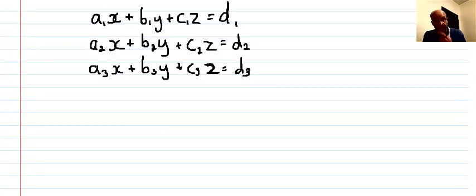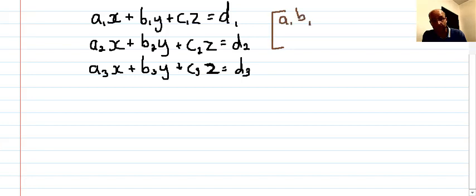Now we can write that in matrix form. So we can look at a matrix of coefficients, A1, B1, C1, A2, B2, C2, and A3, B3, C3.